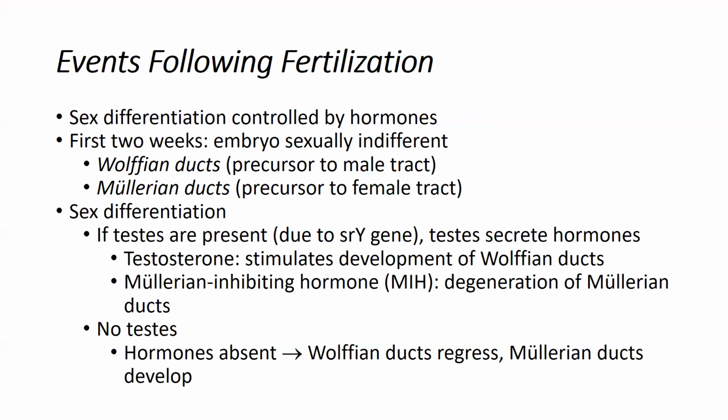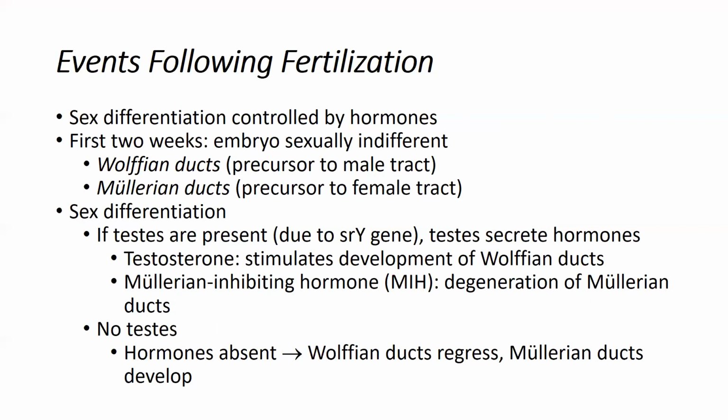All right, so the Wolffian ducts develop in males in response to that SRY gene. Again, we go back to that SRY area of the gene. Because of this region, because of the protein that we talked about, the Wolffian ducts will come into play and develop. Now the testes also secrete another substance called Mullerian inhibiting hormone, or MIH. This is responsible for the degeneration of the Mullerian duct, right?